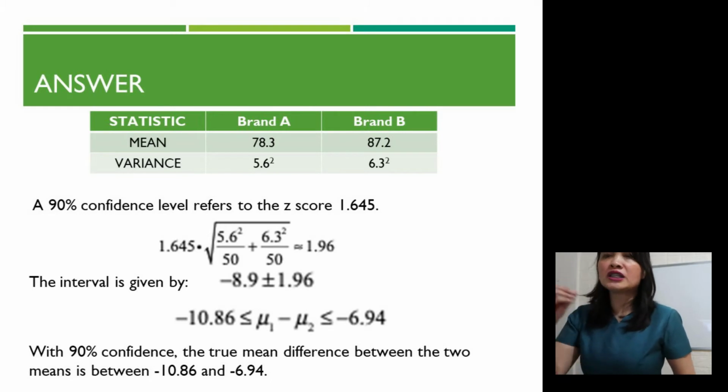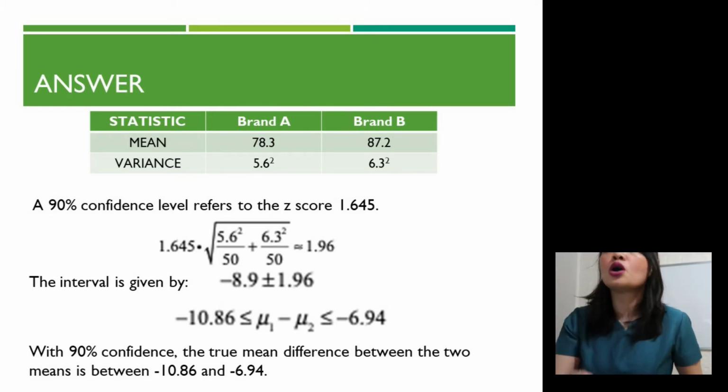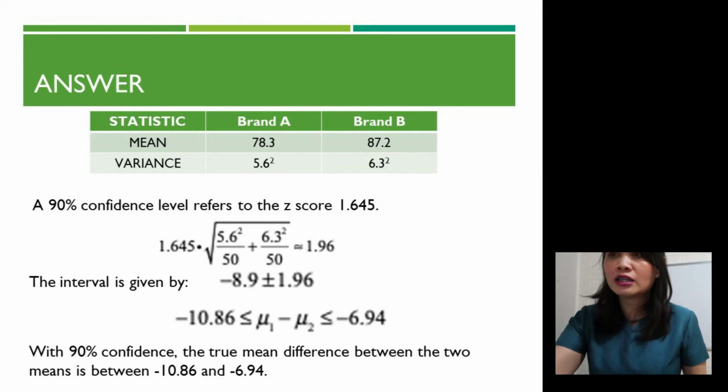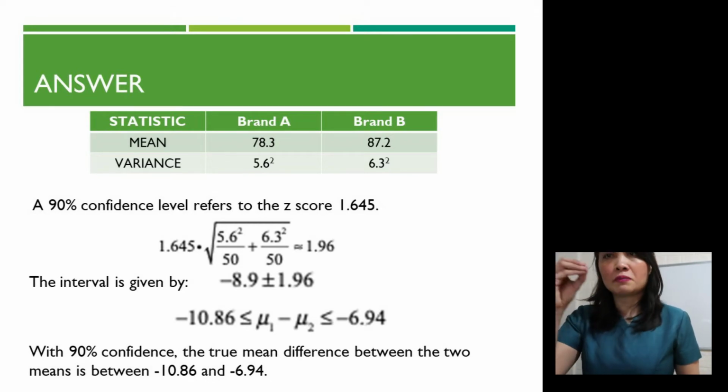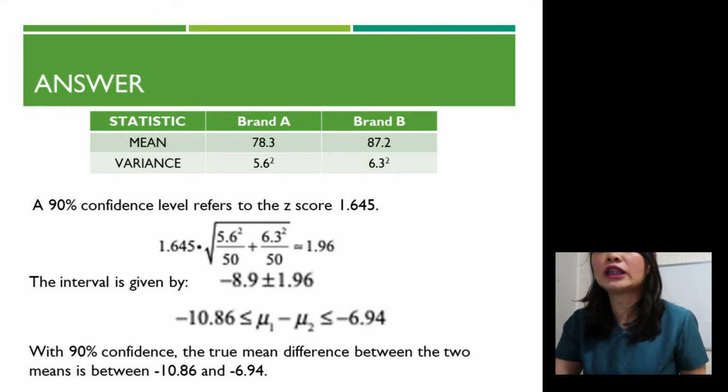So the margin of error is equal to 1.645 multiplied by the square root of 5.6 squared divided by 50 plus 6.3 squared divided by 50. So your margin of error is 1.96.